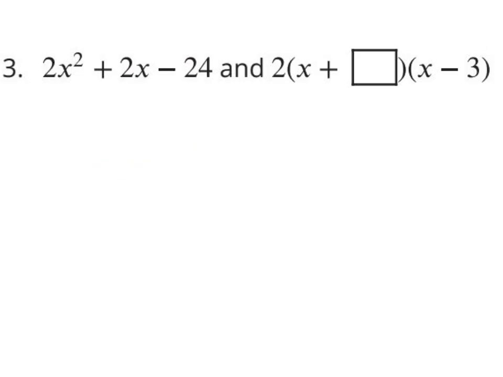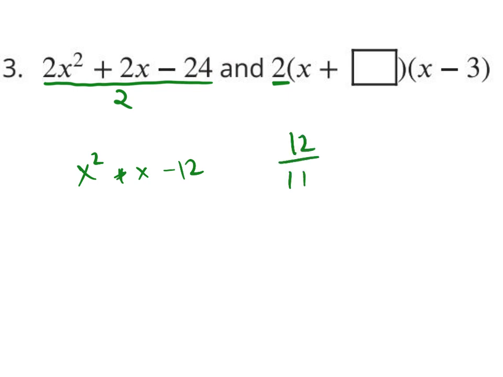Okay, looking at our next one. If we look here, we see that a 2 is already factored out. That means it's been divided out. So once I divide everything by 2, I get x squared plus x minus 12. I take my 12 and list all the factors of 12. 1 and 12, 2 and 6, 3 and 4, 5 no, 7 no, 8 no, 9 no. Okay, so this is it.